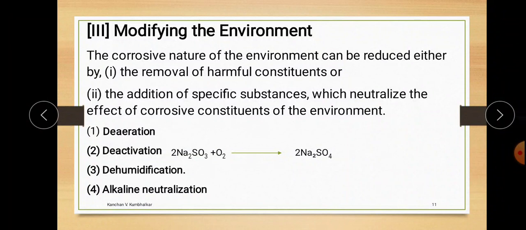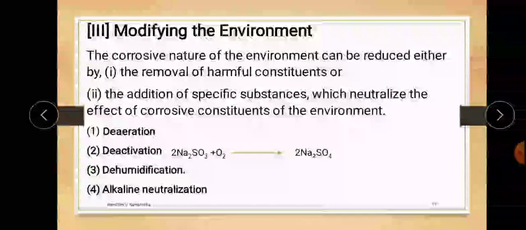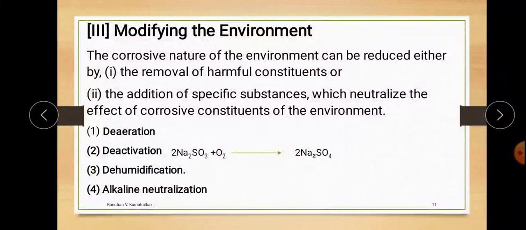Alkaline neutralizers like ammonia, NaOH, lime, etc., are generally injected either in vapor or liquid form into the corroding system or its part. This method has been widely used in controlling the corrosion of refinery equipment. So this is all about modifying the environment.